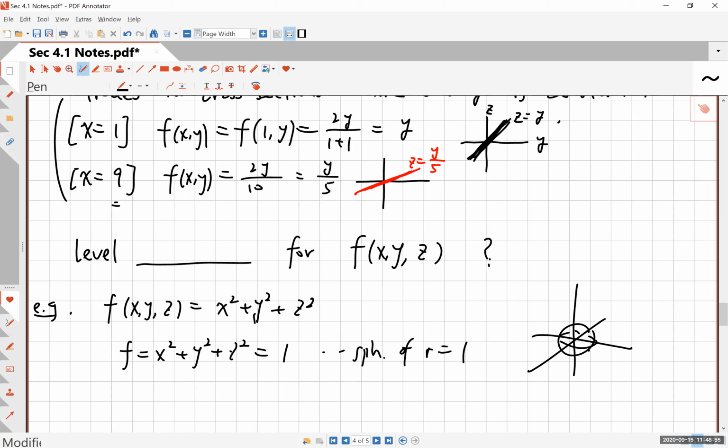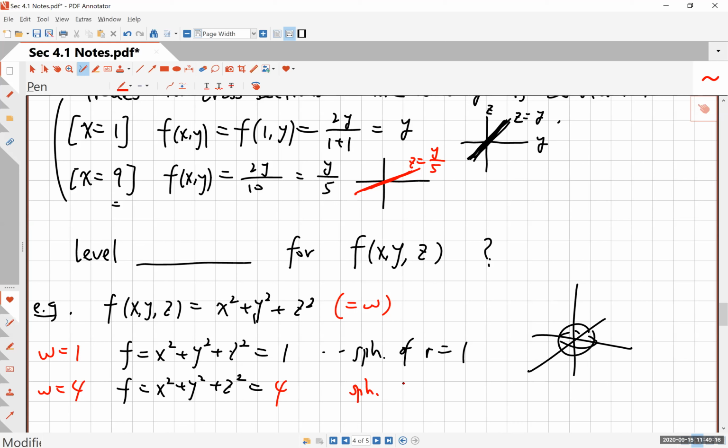Okay, how about if this whole thing is 2? If you want to call this w, if w is equal to 1, the level surface is the unit sphere. If you want w to be equal to 4, then this is what you get.